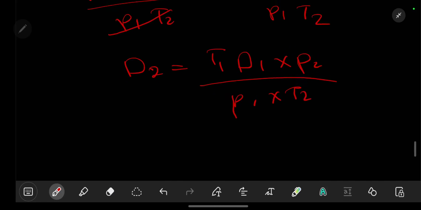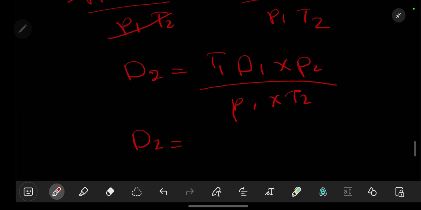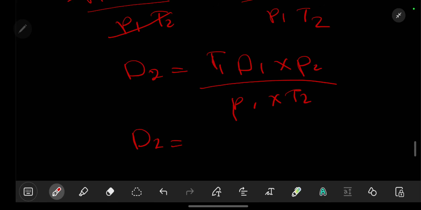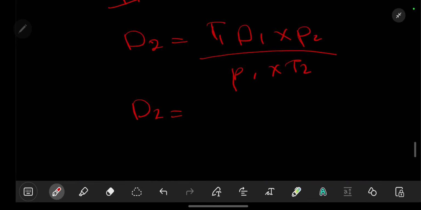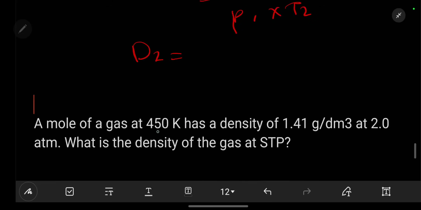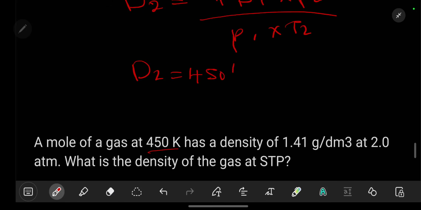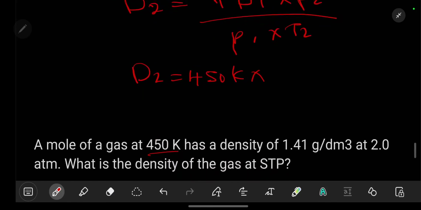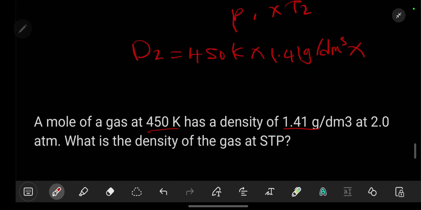So D2 is equal to, what is our temperature? Our temperature number 1, which is the one that they have given us, is 450 kelvins. So we are going to replace. We have T1 as 450 kelvins times our density number 1, which is 1.41 grams per cubic decimeter, times our pressure number 2.